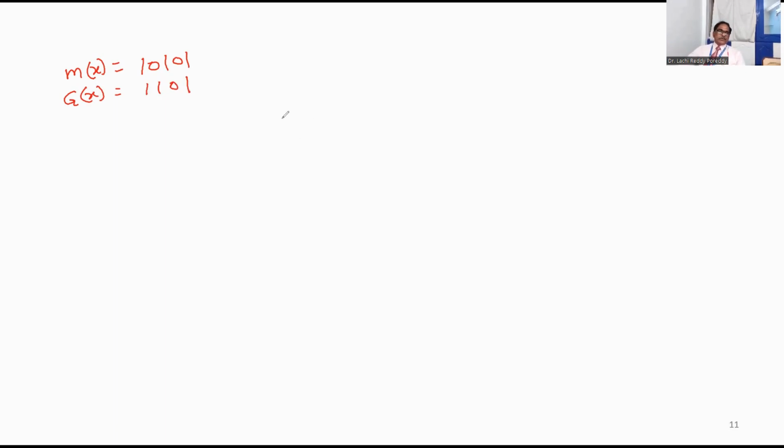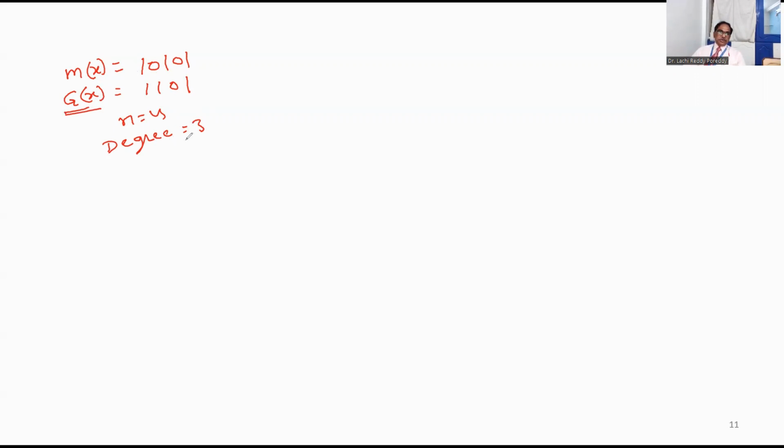So the number of bits n is equal to 4, then the degree will be 3. We have to see only the bits of the generator polynomial, not the message. Please remember this point. Everyone should remember this point.